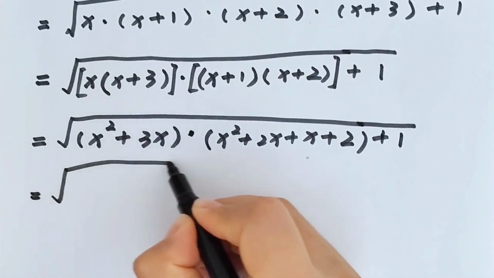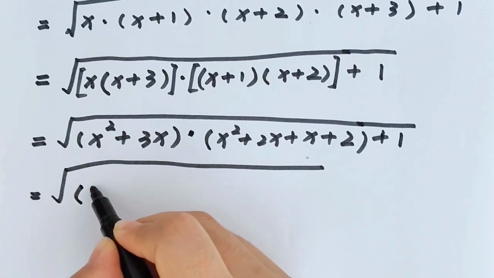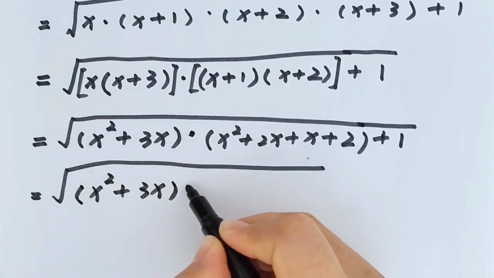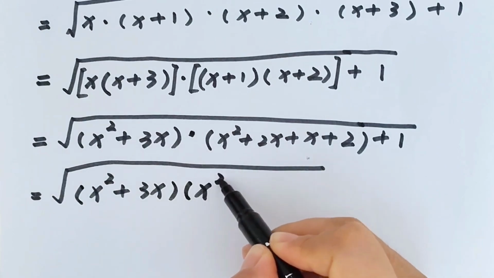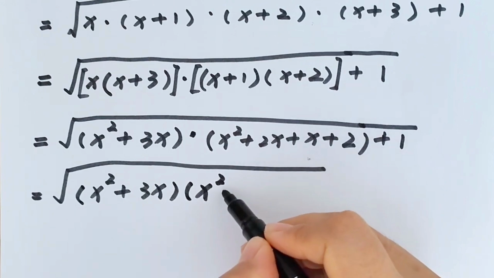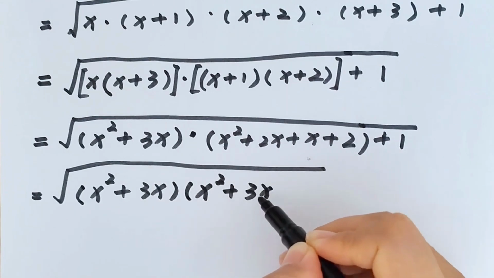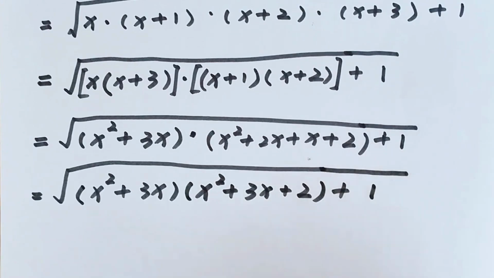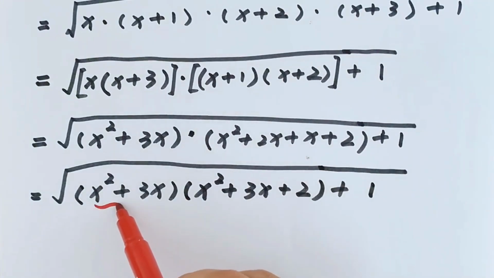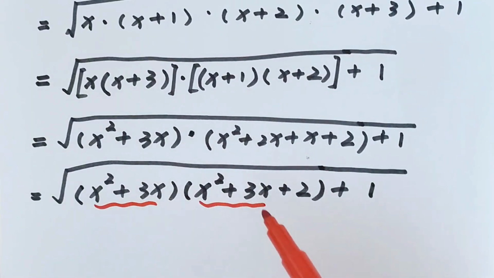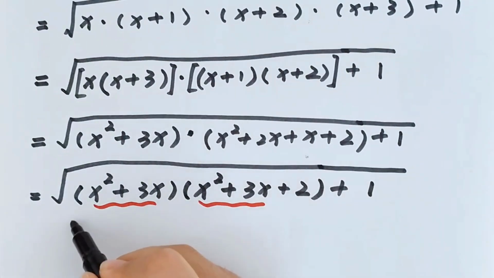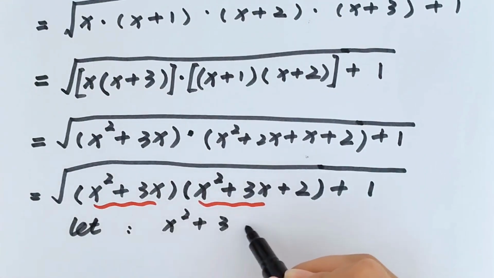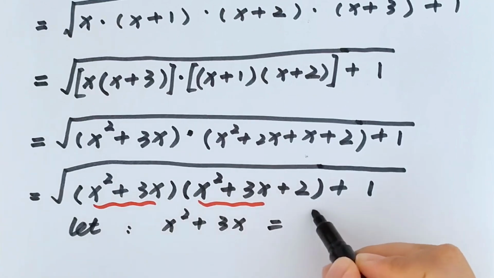Equals the square root of (x squared plus 3x) times (x squared plus 2x plus x is 3x, plus 2), plus 1. Now x squared plus 3x is common, so we let x squared plus 3x equals y.